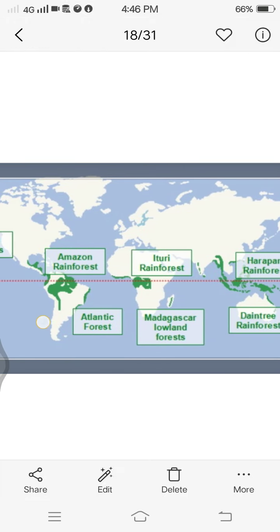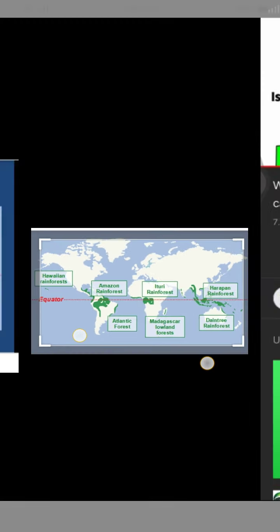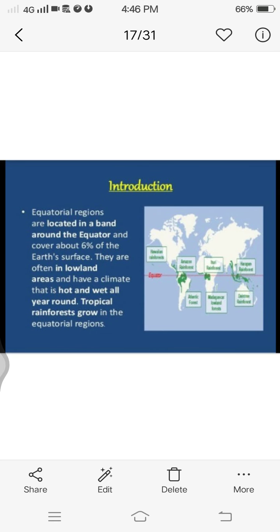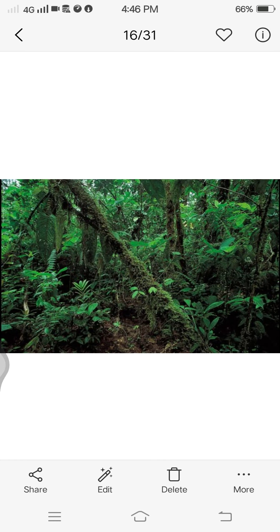It extends from 0 to 30 degrees. These regions are located on a band around the equator and cover 6% of the earth's surface. They are often lowland areas with hot and wet climates.